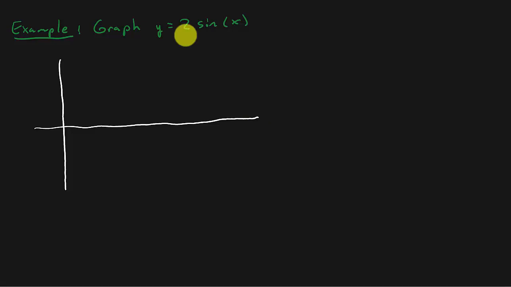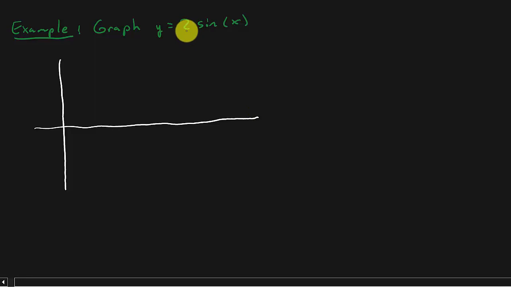Well, the amplitude is the number in front of the trig function. So it's 2. So my maximum and minimum value is going to be 2 and negative 2, just like the last problem. And I'm graphing it over the period 0 to 2 pi.